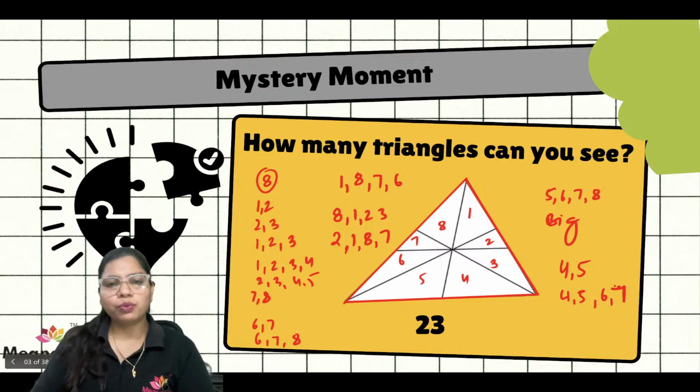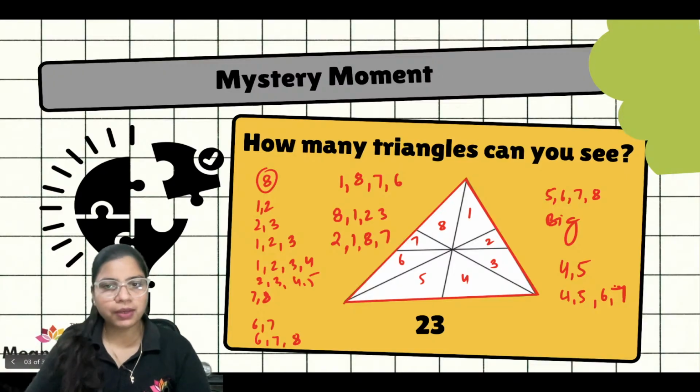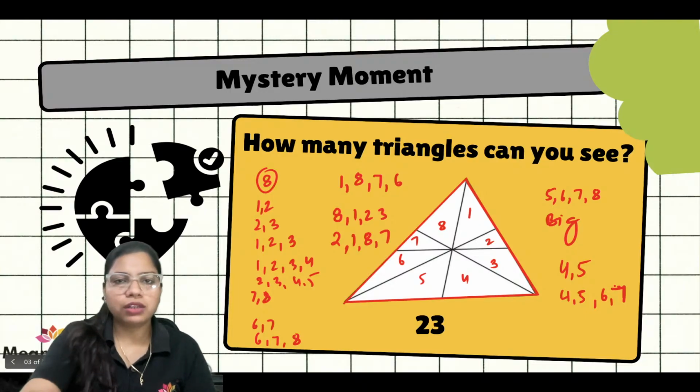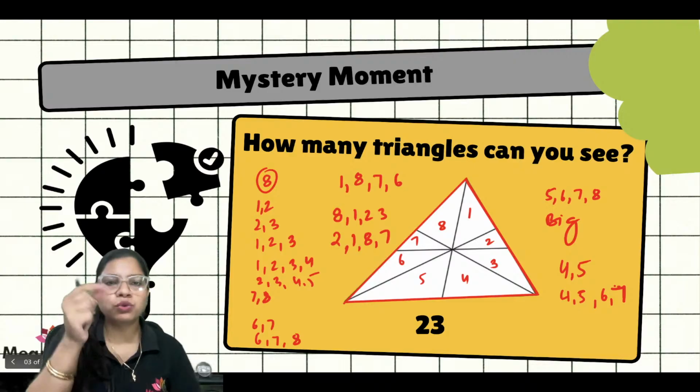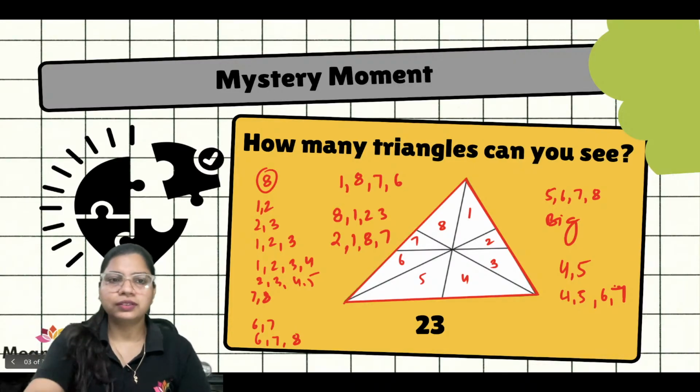What could be the quickest way to actually work it out? 8 we can see. The 9th is the biggest one. And then, how about you think about devising a method that can help us quickly count them?